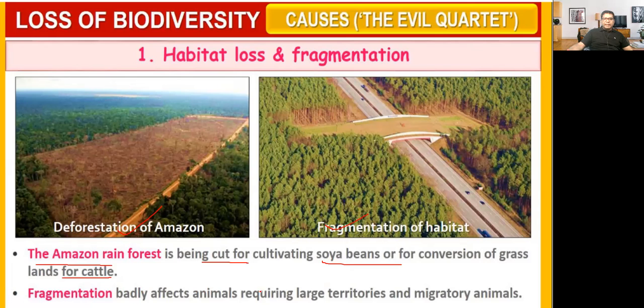Fragmentation badly affects animals requiring large territories and migratory animals. Earlier, there was free exchange of animals from this area to this area. But now a road is constructed, and animals will not be able to come from this area to this area because a blockade is created.